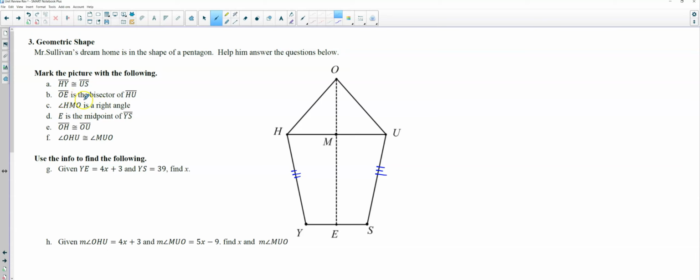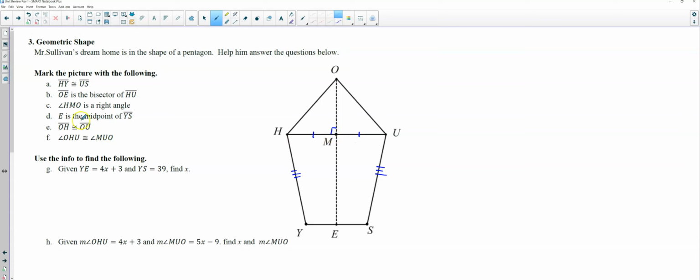Segment OE is the bisector of segment HU. So look for segment HU and look for segment OE. Well, OE is the bisector, so that means it's cutting HU in half. So I'm just gonna put a tick mark and a tick mark. Angle HMO is a right angle, so I'm gonna mark it right here.